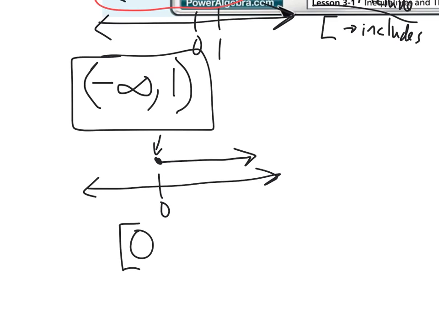Since it's a closed circle, it includes 0, so we put a bracket there. Parentheses doesn't include it, bracket includes it. And we're going to infinity or positive infinity. If you want to put a plus sign next to it, you can, you don't have to. And again, since we're never going to technically reach infinity, we'll put parentheses next to that. So that would be our interval notation for that problem.